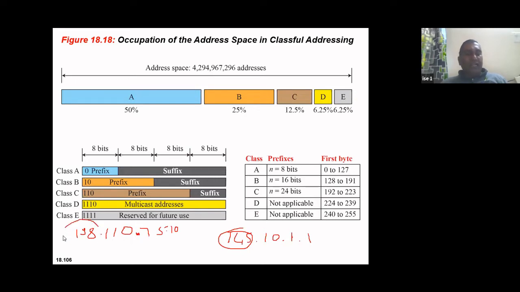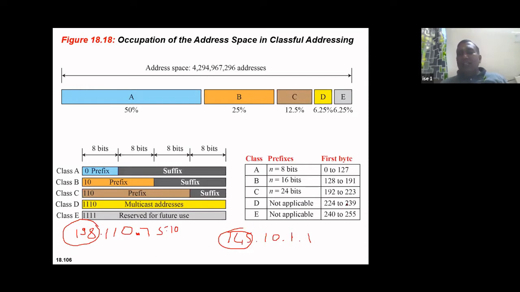So 198 means it is between 192 to 223, so it is class C. Most of the network addresses are from this 198 range. If you see your system IP address, you will find it somewhere in this range, 192 to 223.